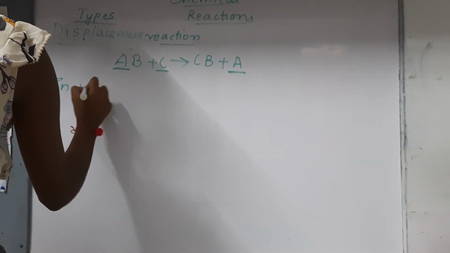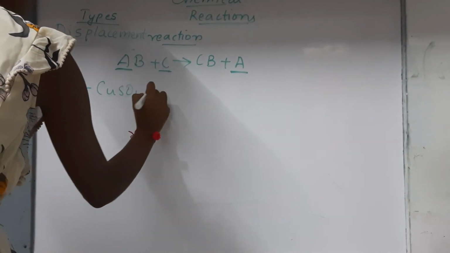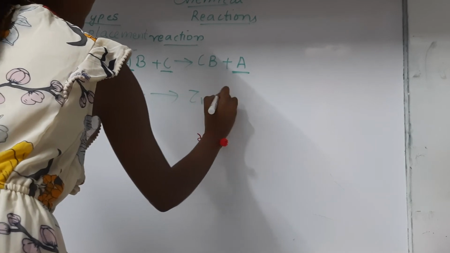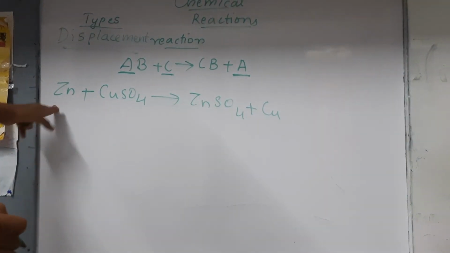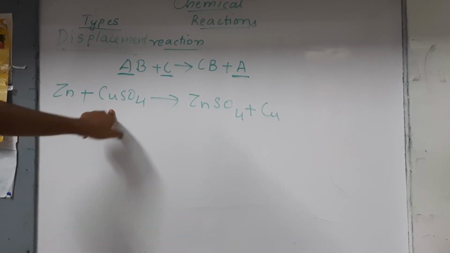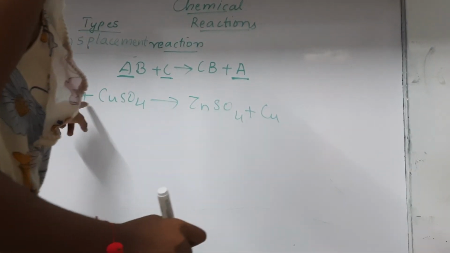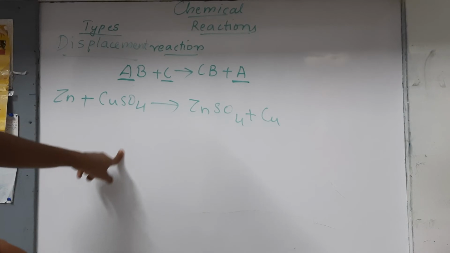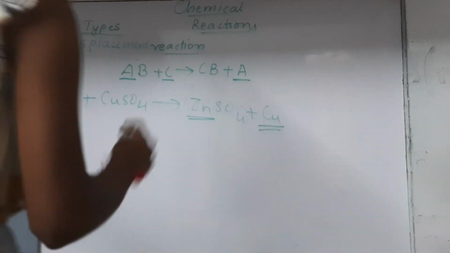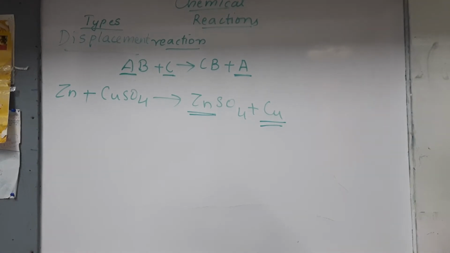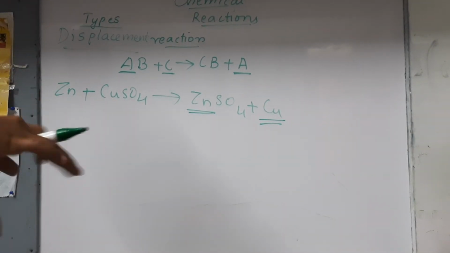Zn plus CuSO4 gives you ZnSO4 plus Cu. Here Zn, being more reactive than Cu, displaces copper from copper sulfate solution. So your zinc is there and copper is just removed out of the copper sulfate solution.